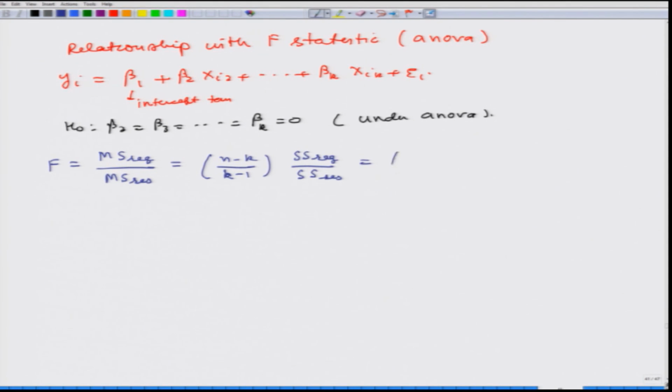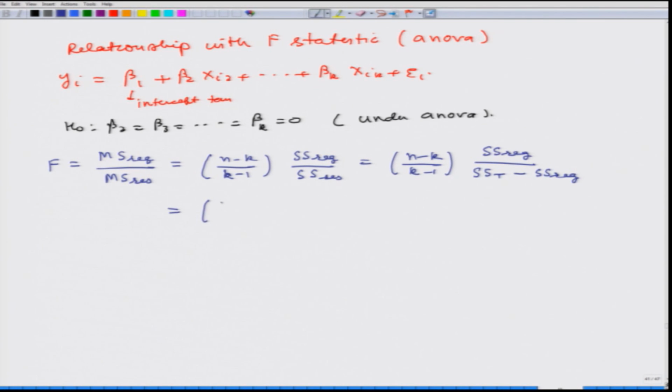Now this can further be expressed as n minus k over k minus 1 times SS regression over SS residual. Using the relationship that total sum of squares is equal to sum of squares due to regression plus sum of squares due to residuals, I can rewrite the sum of squares due to residuals as total sum of squares minus sum of squares due to regression.